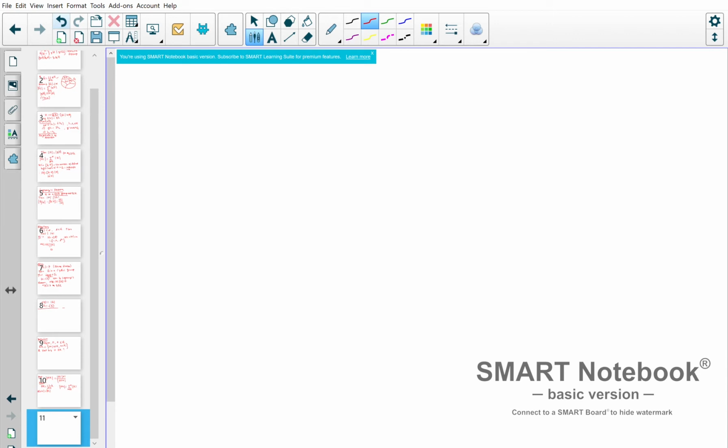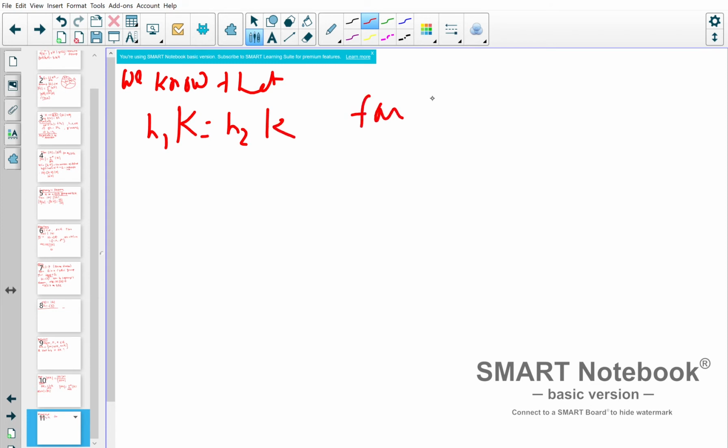So you need to check under what condition two left cosets are equal. So we know that if h1k equals h2k for some h1, h2 belonging to H, then what happens?